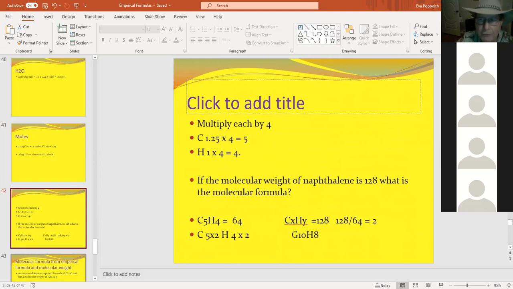We got that, guys? Now, if I told you that the molecular weight of naphthalene is 128, and I have the empirical formula, what is the molecular formula? Blake, do you remember way back at the beginning of the class when I was telling you how you get from molecular formulas to empirical formulas? What did you do?